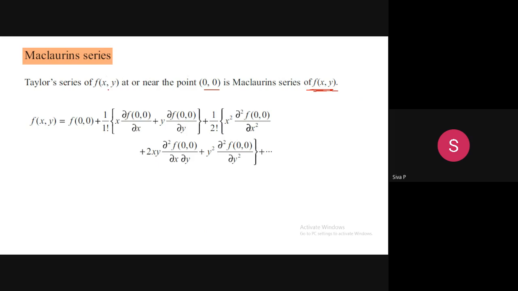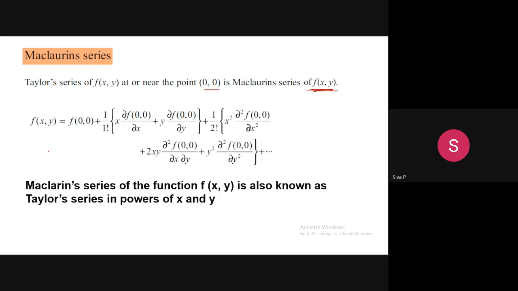So the Taylor series in powers of x minus a, y minus b, substituting a and b equal to 0, is x and y, correct. So this Taylor series or Maclaurin series of the function f of x comma y is also known as the Taylor series in powers of x and y.